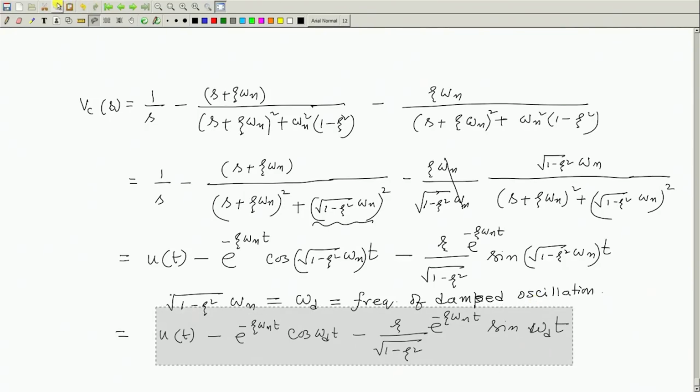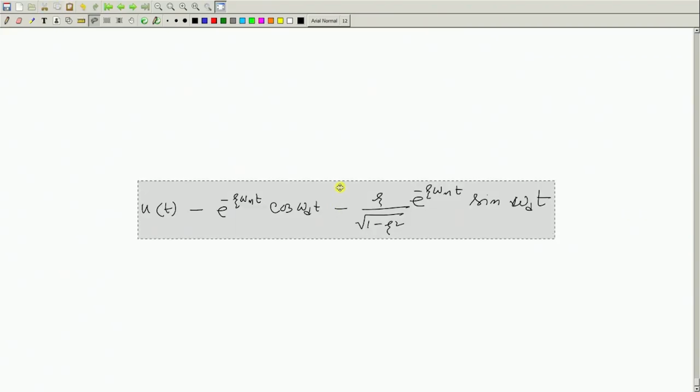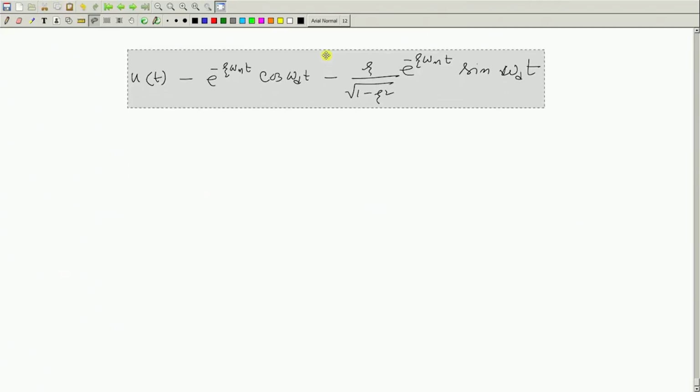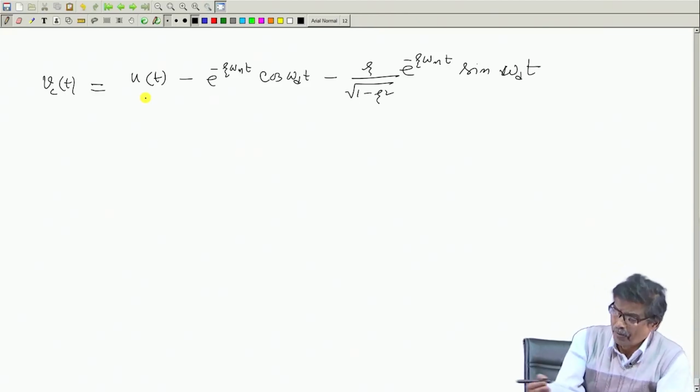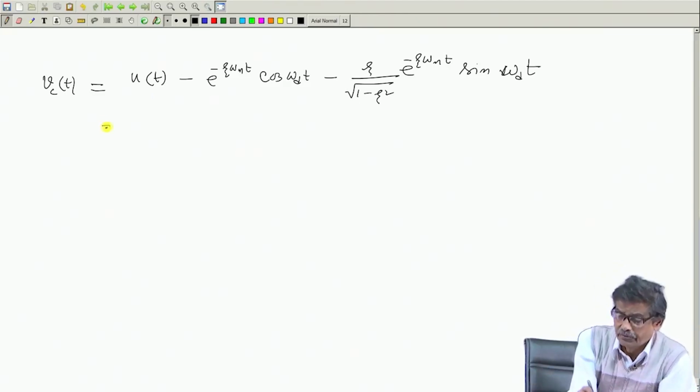Copy, and we go to the next page and paste it. So, this is the thing we have got, and mind you, this is equal to VC(t), the capacitor voltage in time domain. Problem solution is over, but still we will further simplify it.